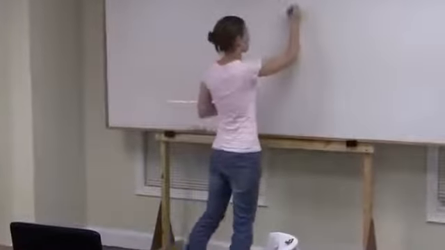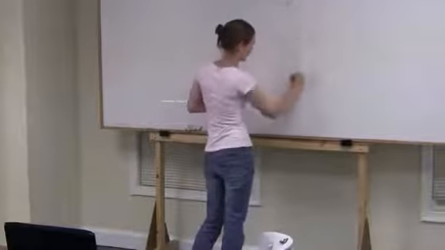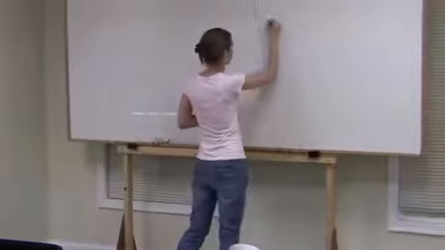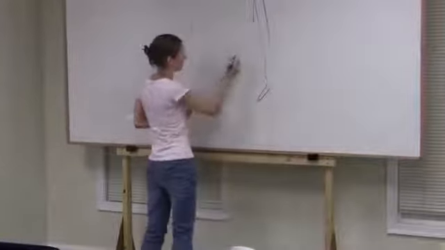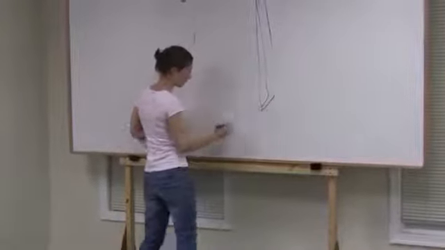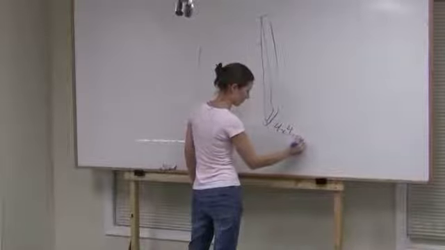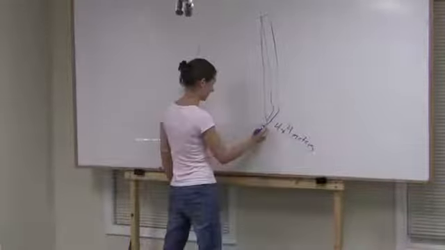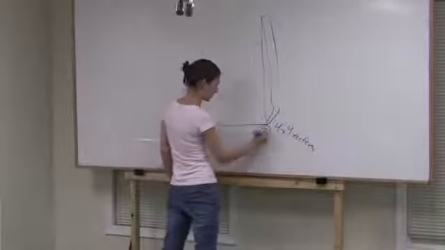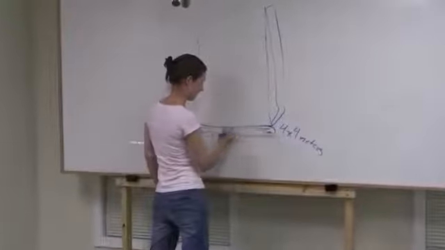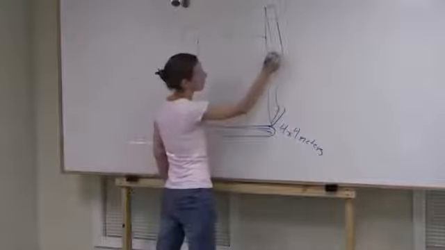This is a treadmill. And the 4 by 4 treadmill is going at a speed of 3 meters per second.